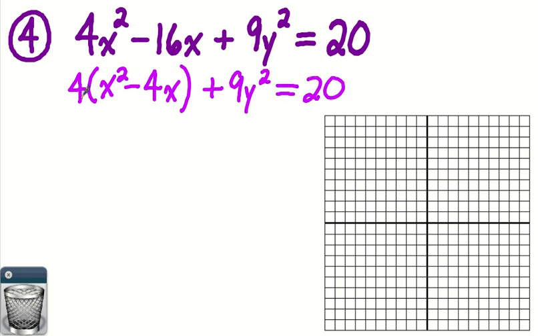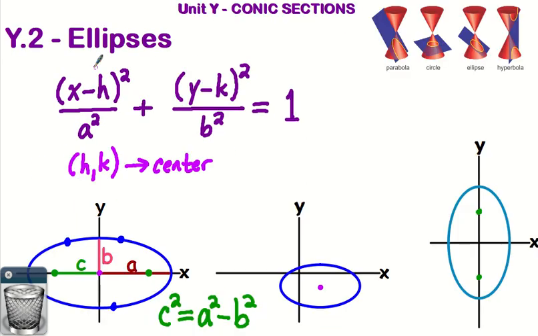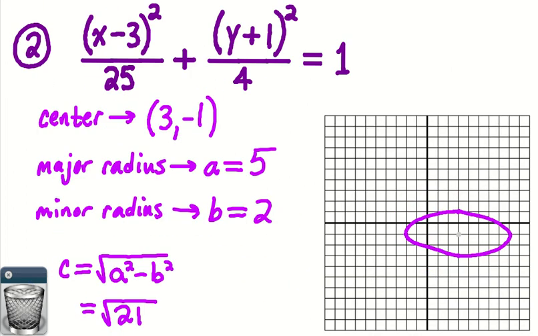I'm going to factor out a 4. And so now this is just looking like x squared minus 4x. We're getting a little closer to something that could be rewritten like this, just x minus h quantity squared.